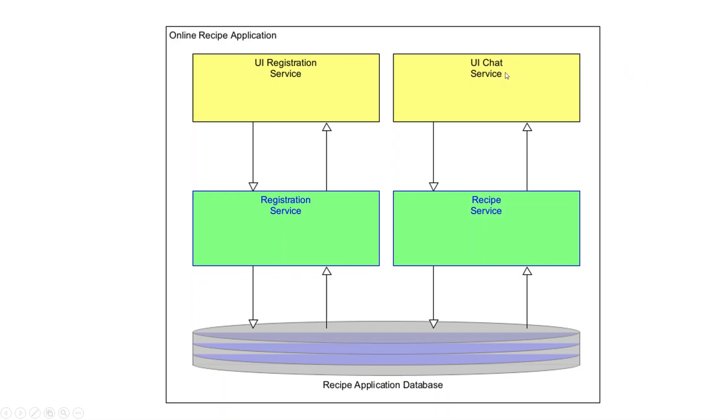The UI chat service similarly will call on a backend service component, the recipe service. The recipe service will look up recipes in the application database and also store recipes into the application database when the user decides to do so.